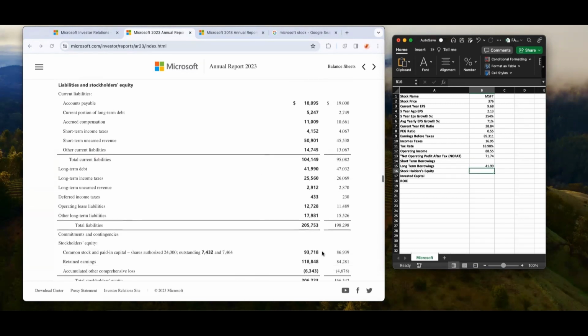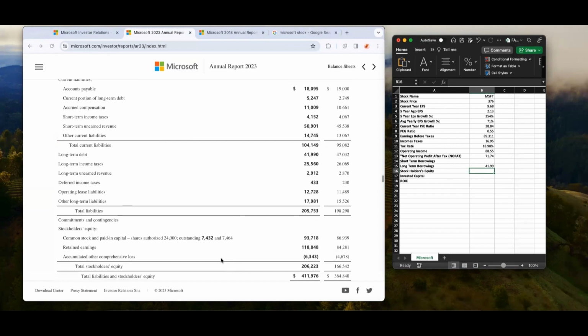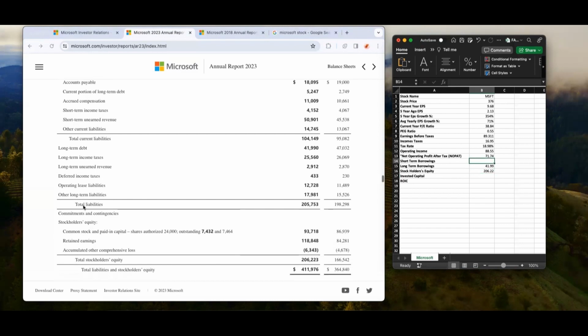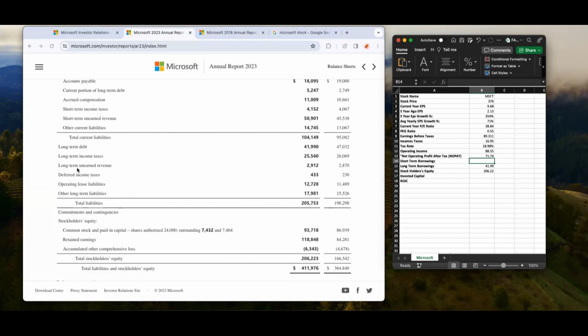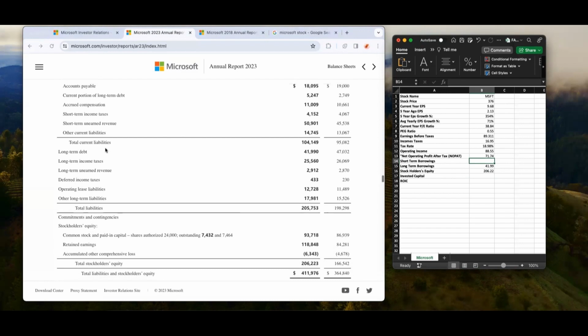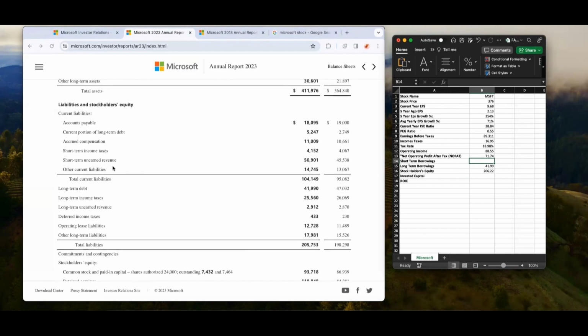Shareholder equity you can find from here. The total shareholder equity is 206. For invested capital, before going to that, the short-term borrowing is nothing here, right? We cannot see anything. So we would consider the long-term debt here.